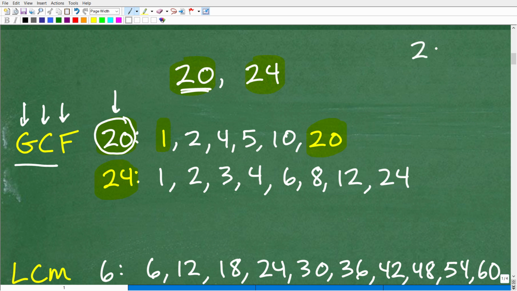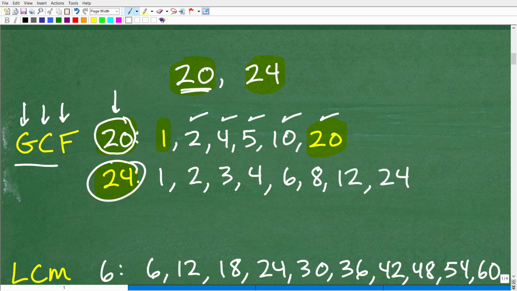A good way to do that is to build a factor tree, but in this case, I just want to focus on the concept of what the greatest common factor is. These are numbers that go into 20 evenly. So we got 2, 4, 5, right? 4 times 5 is 20, 2 times 10 is 20, and 1 times 20 is 20. So here are all the factors of 20.